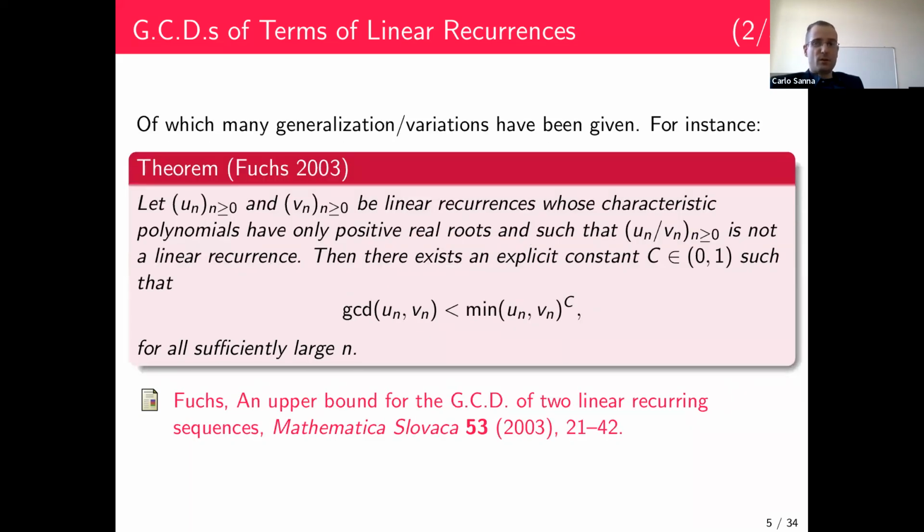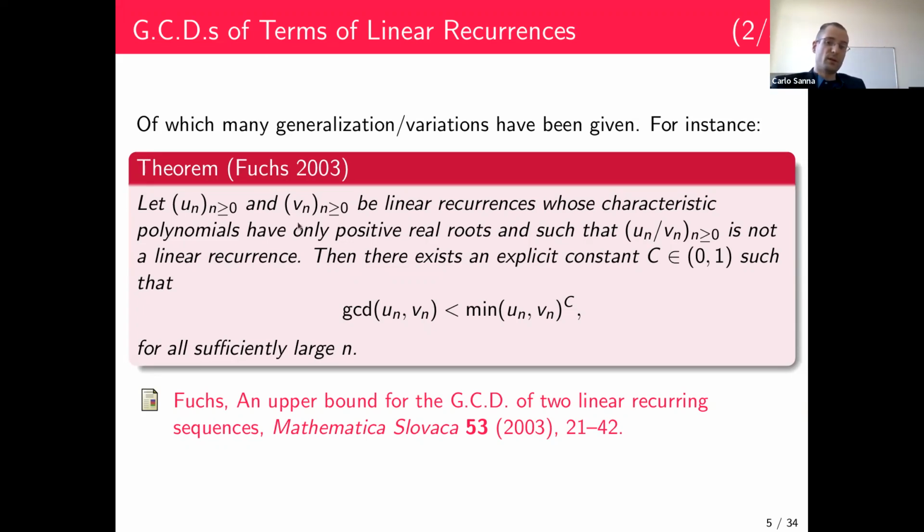Then after this result, many variations and possible generalizations were given. Just for instance, I give one due to Fuchs, which says that if U sub n and V sub n are two linear recurrences, so now the setting is more general than A to the n minus 1 and B to the n minus 1.